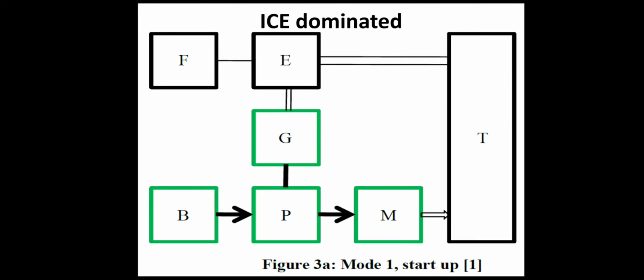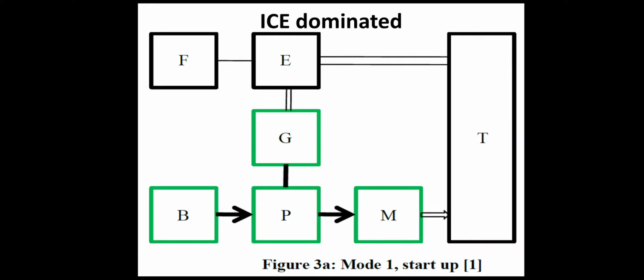In the IC engine dominated system, the first mode is the startup mode, and you can see here the series and parallel combinations are both here. At startup, the battery provides the necessary power to propel the vehicle, and the IC engine remains in the off mode.